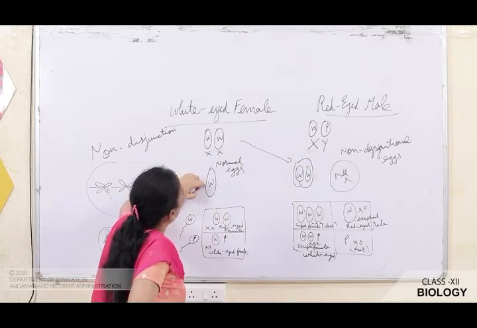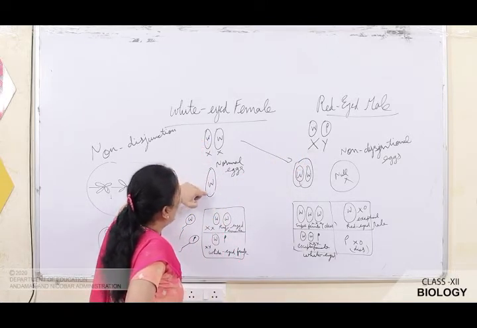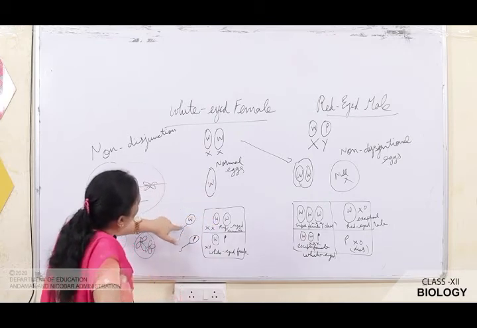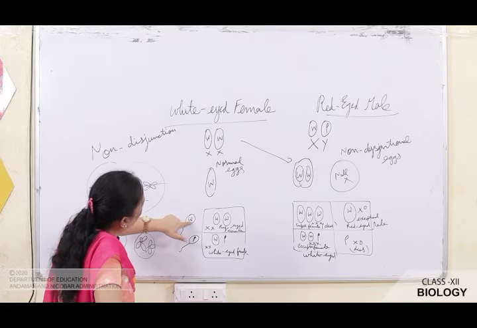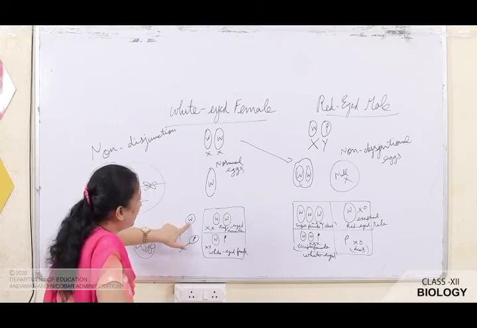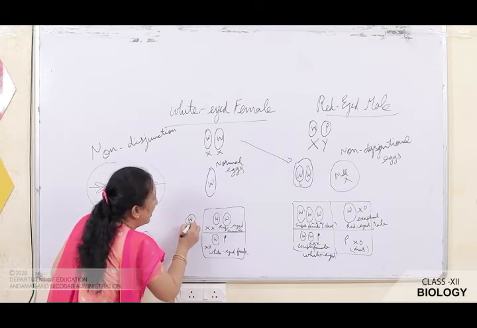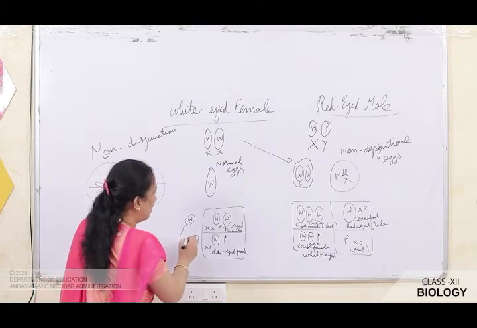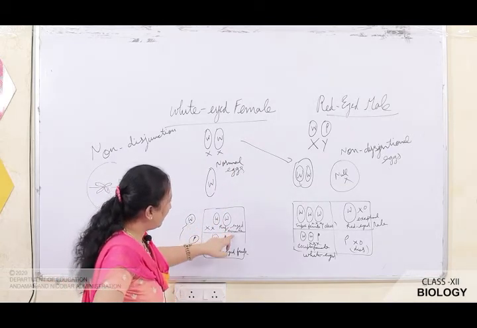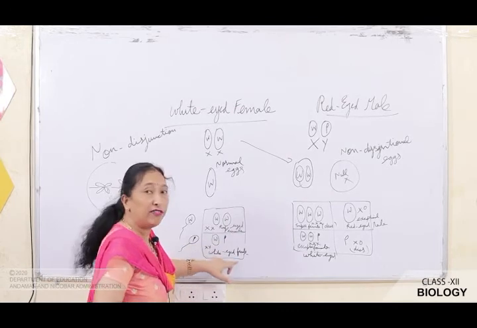In one case we are getting normal eggs. If the normal eggs are taken and the sperm is normal, then with the white-eyed female we are getting a red-eyed female, with the X chromosome from the male, and a white-eyed female.